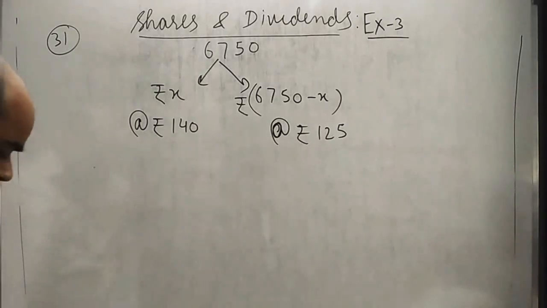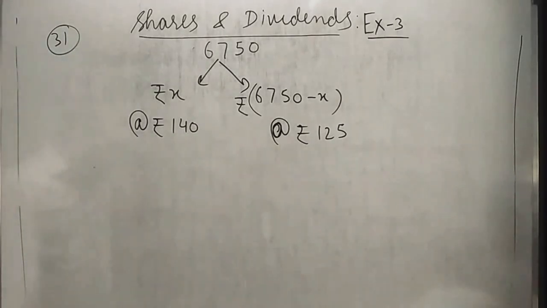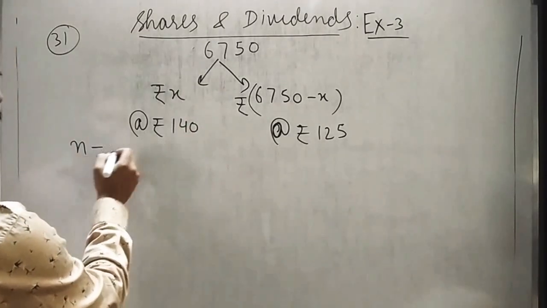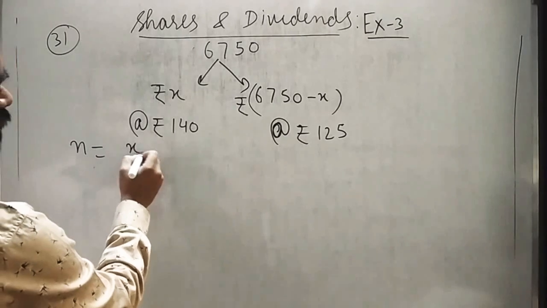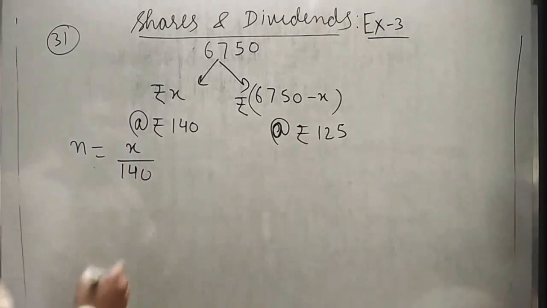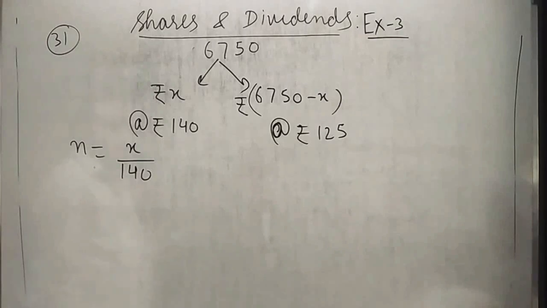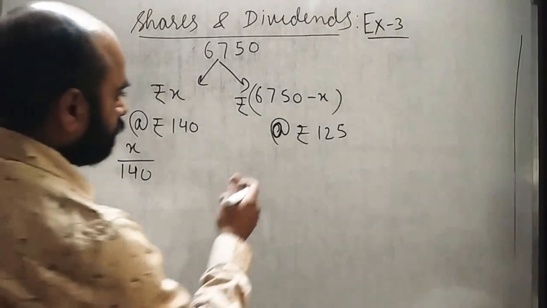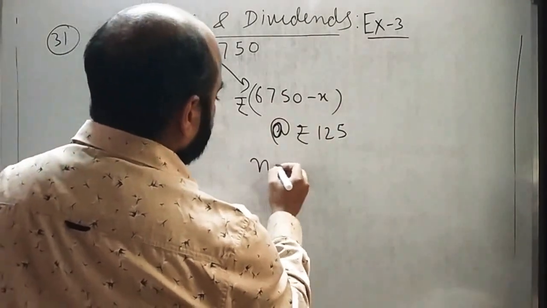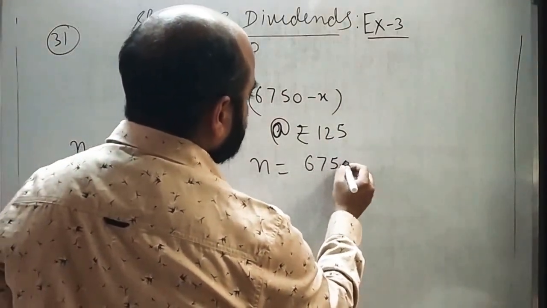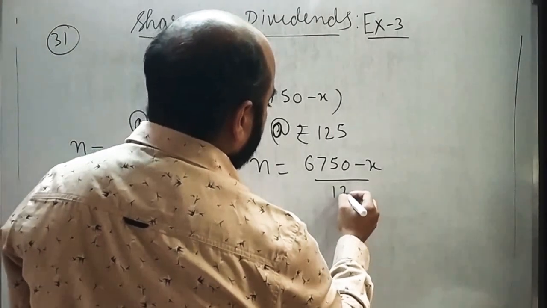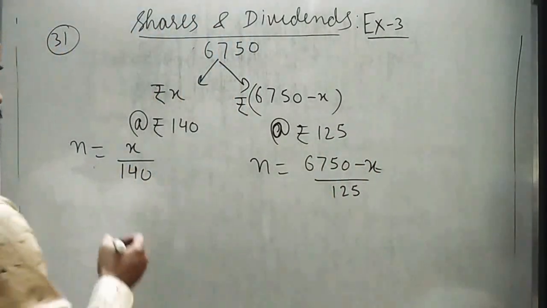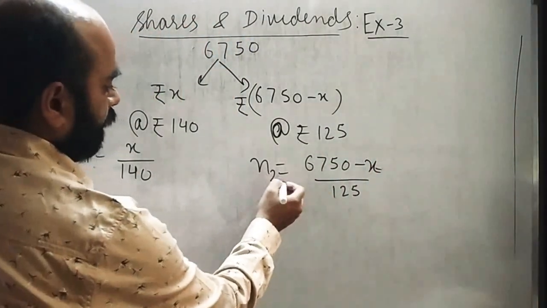The first number of shares will be investment amount x upon market value 140. Next case, investment amount is 6750 minus x upon 125. So these are N1 and N2, the numbers of shares.